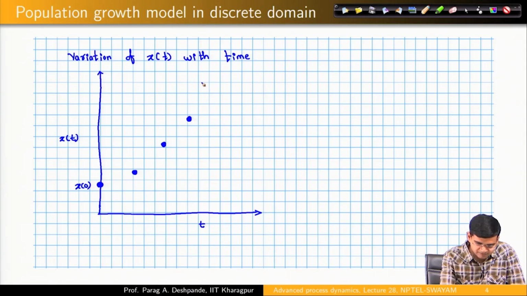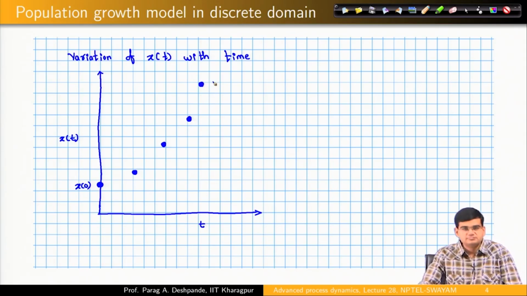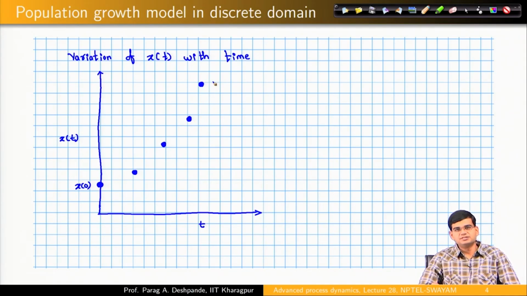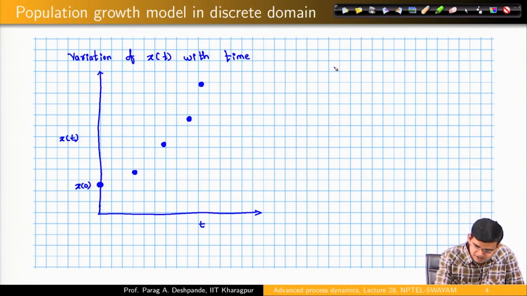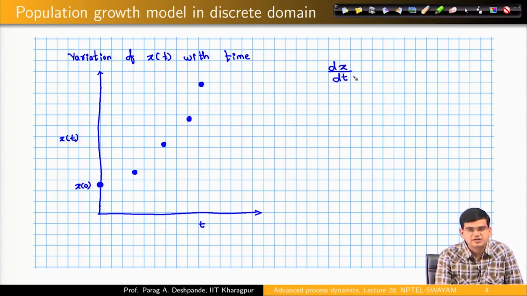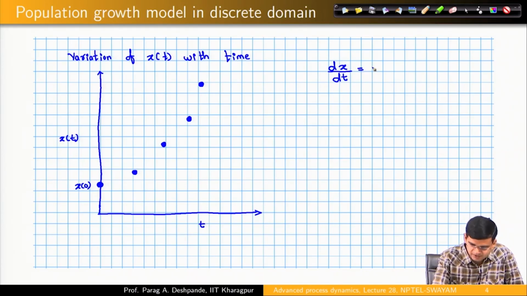And for a small number of initial samples, let us say that these 5 are the points which you get after doing experiments. So, now for initial growth, let us say you find the linear model to work good enough. So, you have d x by dt is equal to a x. In other words, you have x of t is equal to x 0 e to the power a t.